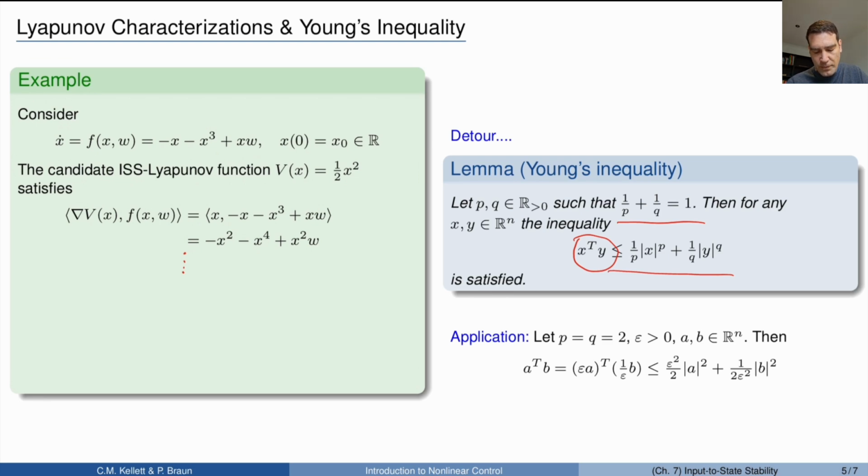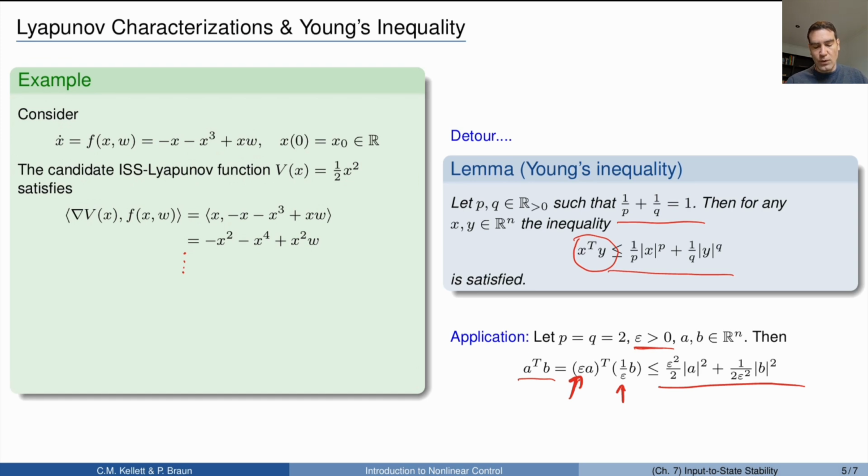So if we want to apply that, we can even take another parameter into account, namely by rewriting A transpose times B as, now adding this additional parameter epsilon with a multiplication in one term and dividing by it in the other term, then we obtain this estimate here.